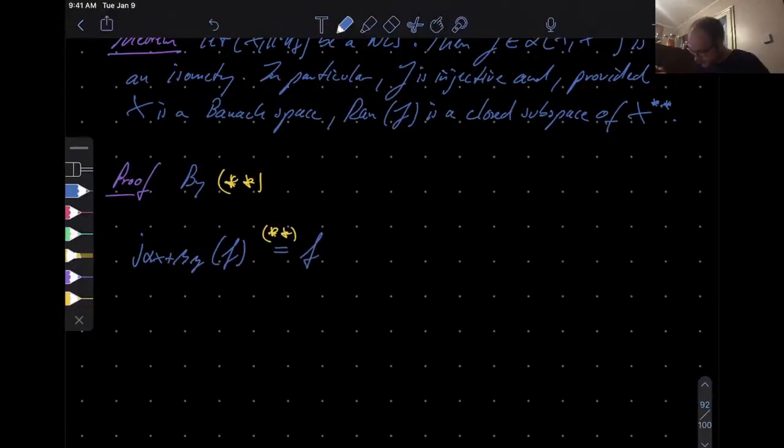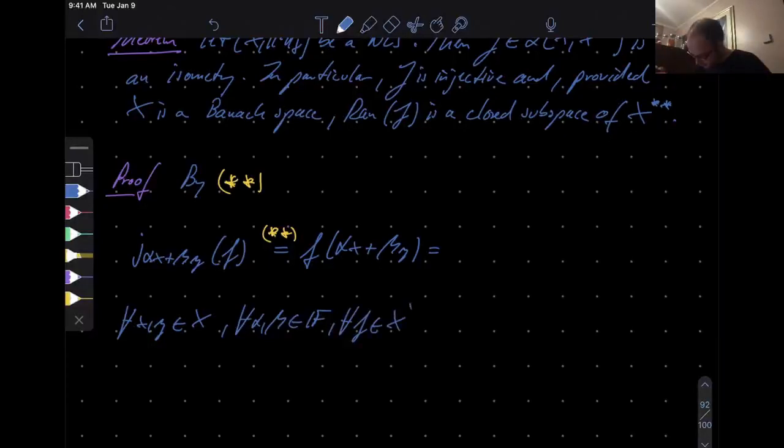This takes f and then evaluates at the vector which is written there in the subscript. So alpha x plus beta y. Now f is linear, so this equation holds for all x, y in X, for all linear functionals, for all x star, and for all scalars alpha, beta. So then this is alpha f of x plus beta f of y.